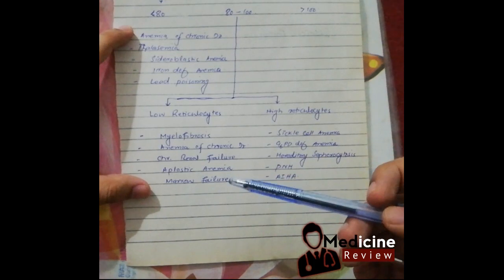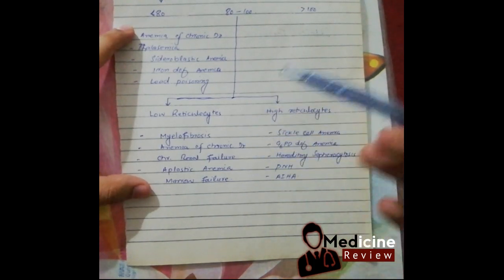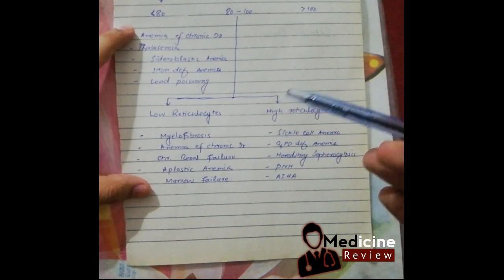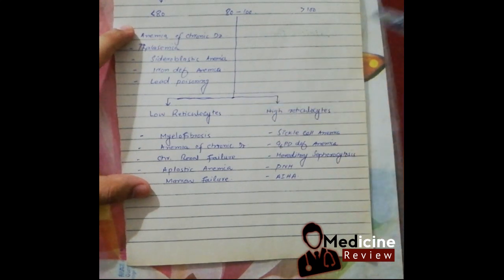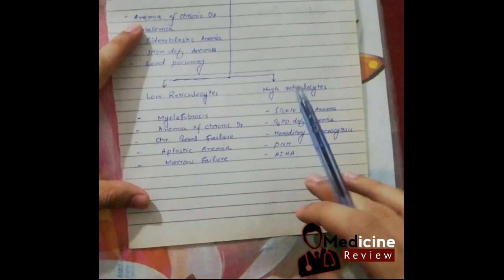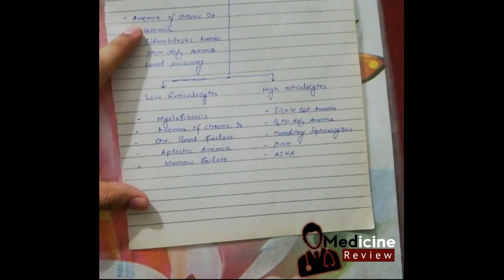Another is aplastic anemia. In aplastic anemia, the bone marrow fails to produce all lineages of blood cells, so there will be thrombocytopenia, anemia, and neutropenia. Another is marrow failure.